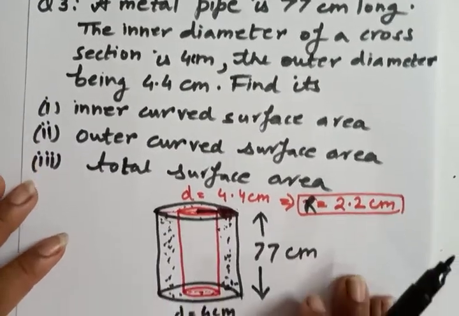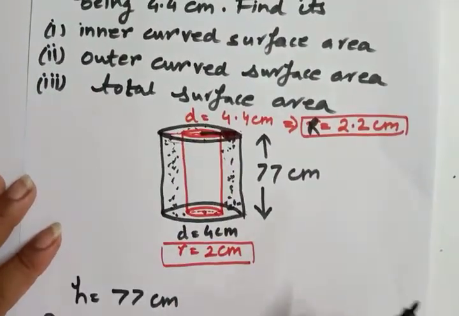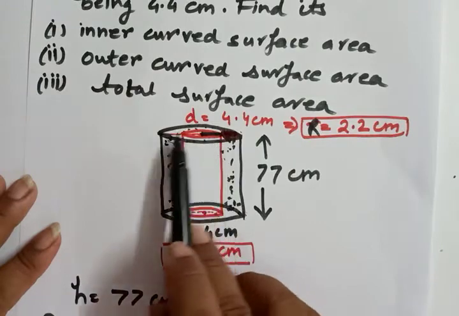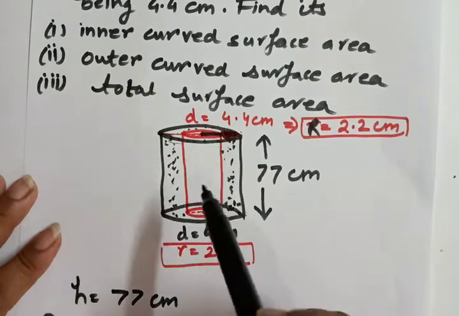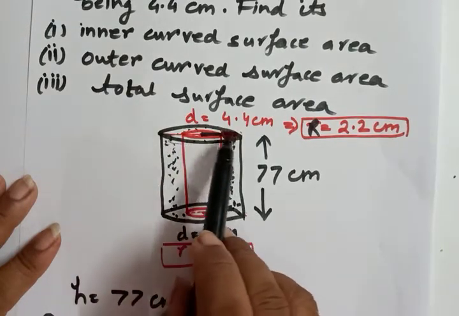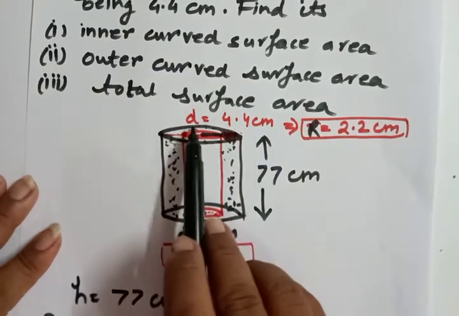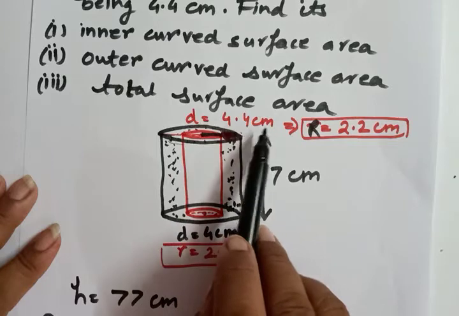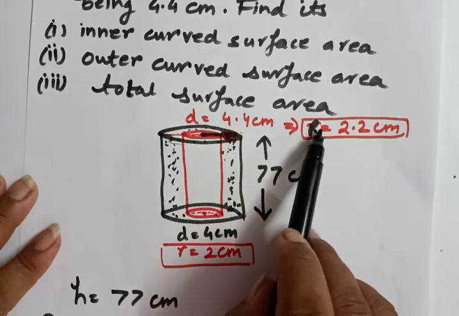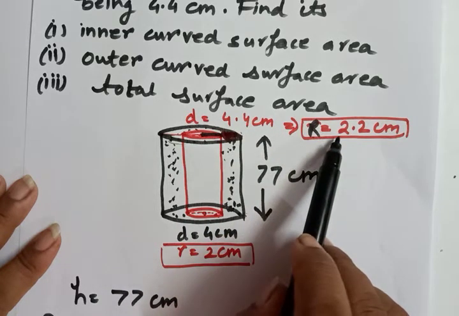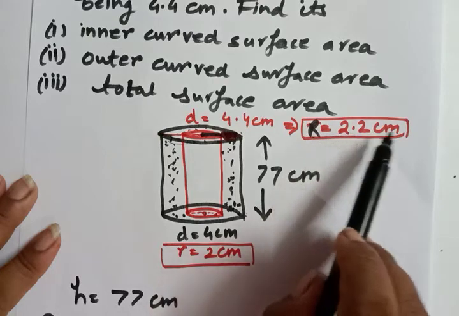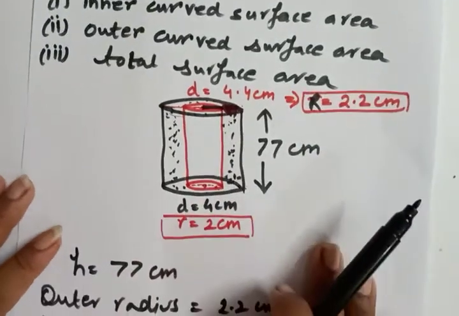So let's understand with the help of a figure. According to the question, this is a metal pipe, and the outer diameter is equal to 4.4 centimeter. So its radius, which I represent by capital R, will be equal to 4.4 divided by 2, that is 2.2 centimeter.